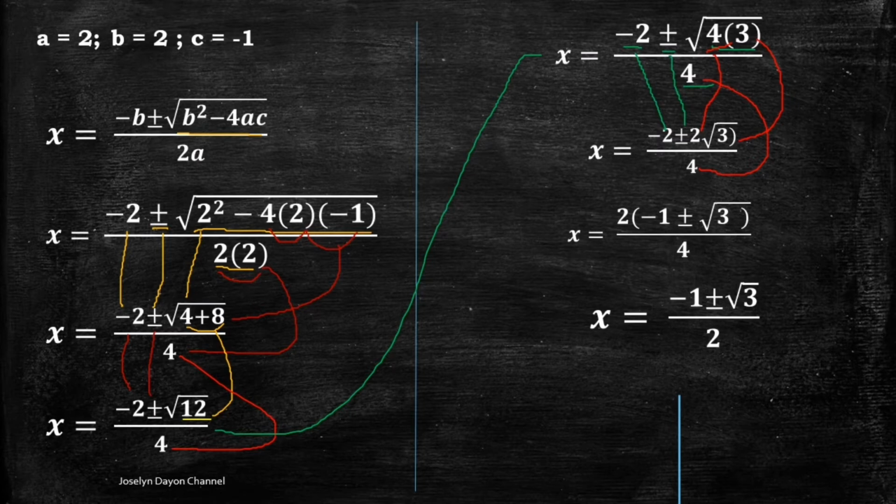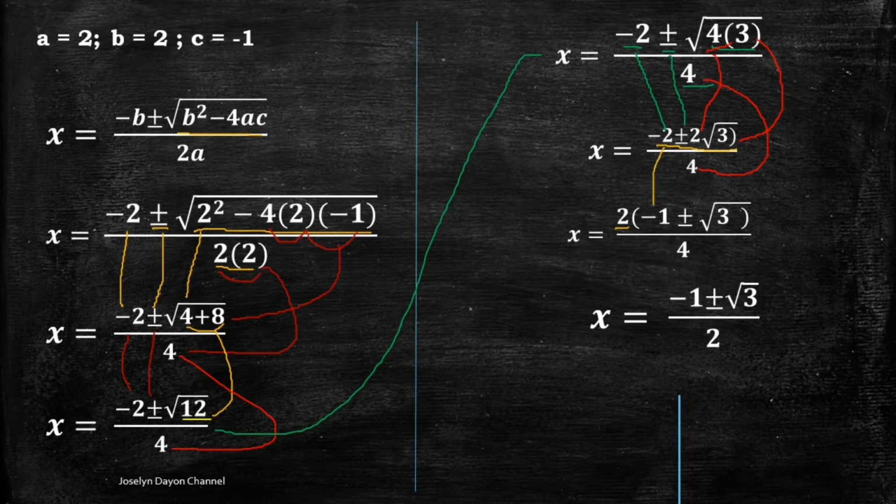Now, we are going to simplify further. If you have observed, the numerator can still be factored out because we have a common factor between negative 2 and plus minus 2 square root of 3. And the common factor between the two is 2. So we have negative 2 divided by 2, the answer is negative 1.